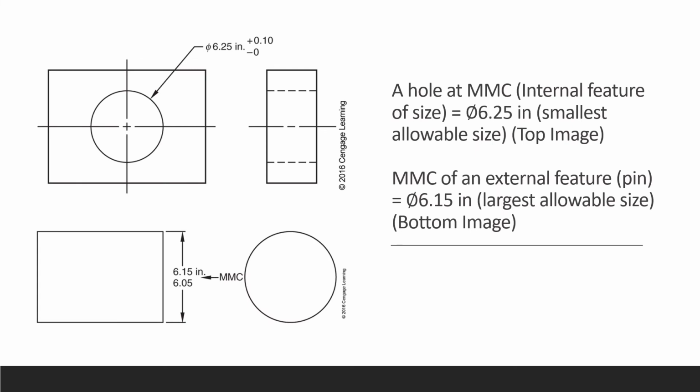Alright, next slide. So for the modifier, we're using MMC, maximum material condition. MC is just material condition. If you see M, just remember that's the max. We just say max. A hole at max. So, an internal feature of size. Your diameter of that hole is 6.25 inches.